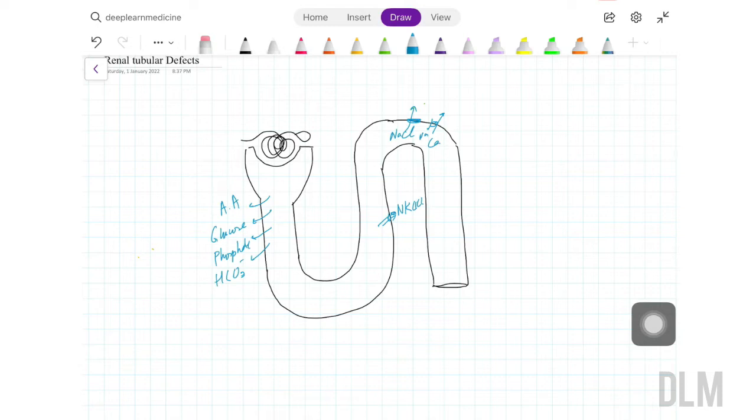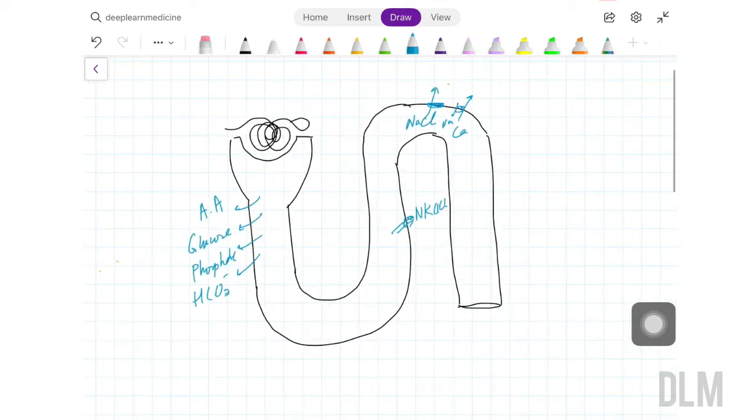And in the distal convoluted tubule and in the cortical collecting tubule, we have ENaC channels, and their function is to reabsorb sodium. Also, we've got aldosterone receptors, right? So this is not hard, right?